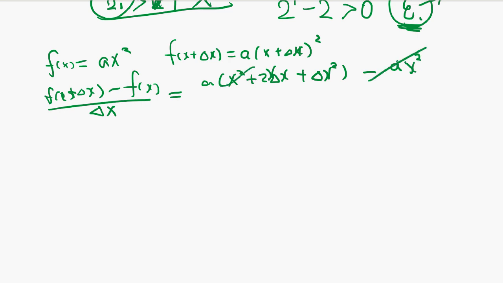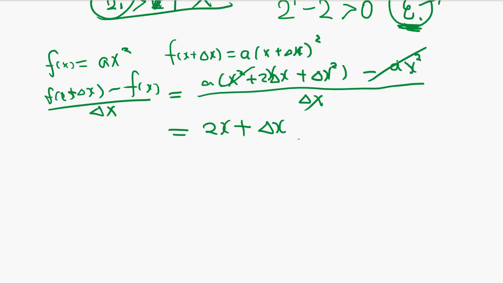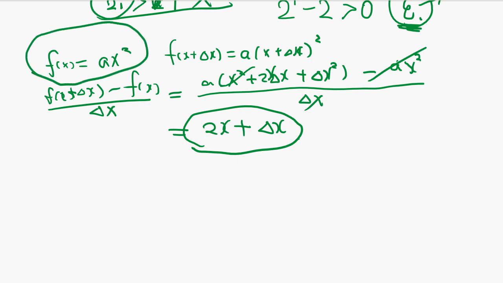So this goes away, and divide by delta x. So it becomes 2x plus delta x. And this is not the derivative yet. Okay, they say change delta x into an infinitesimal number. So this becomes 2x plus some infinitesimal number.